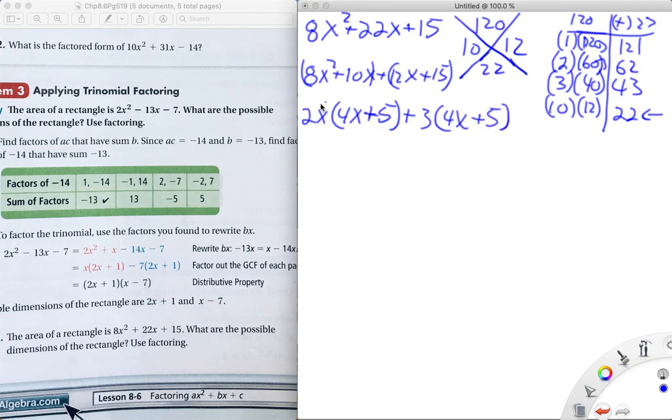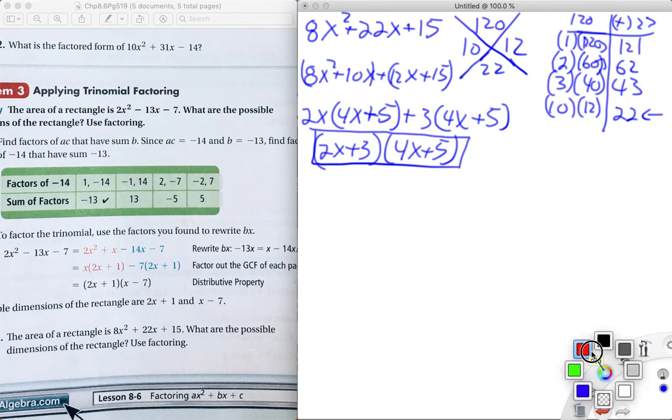Yay, look at that. 4x plus 5 is being multiplied by 2x. 4x plus 5 is being multiplied by 5x. I can factor out the 4x plus 5, and that would give me 2x plus 3 times 4x plus 5. And it works. Good.